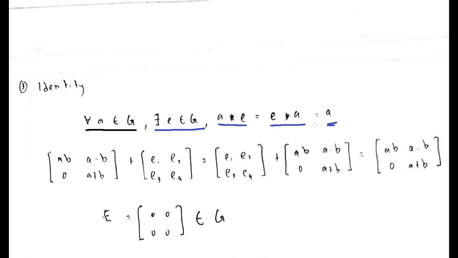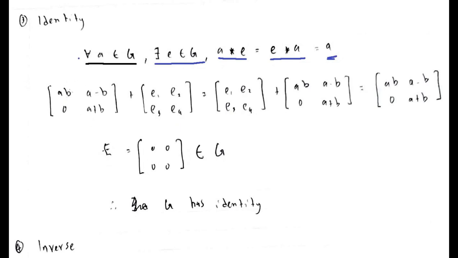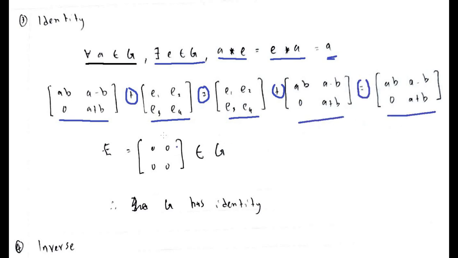So this shows how the equation works. So this is A, the operation is plus, A plus E equals E plus A, and then we will get A back.